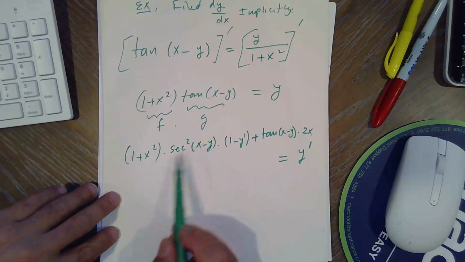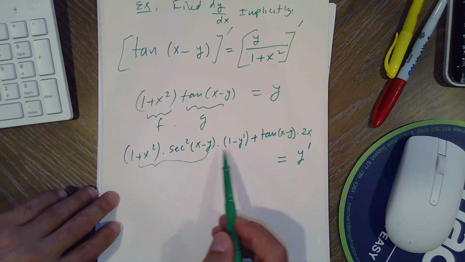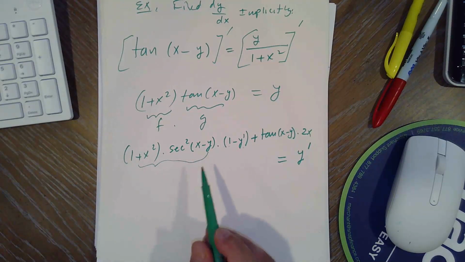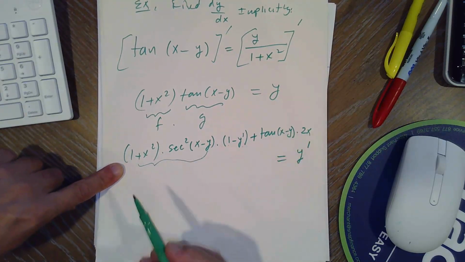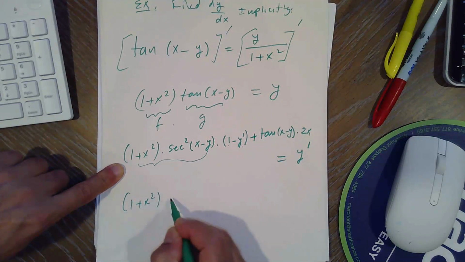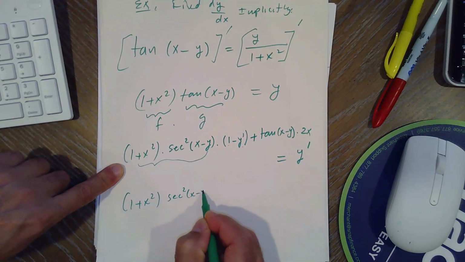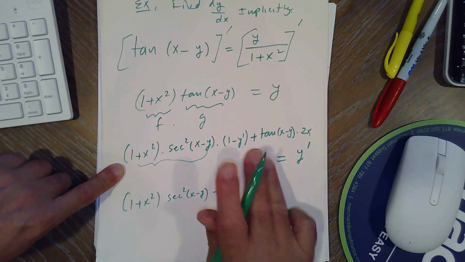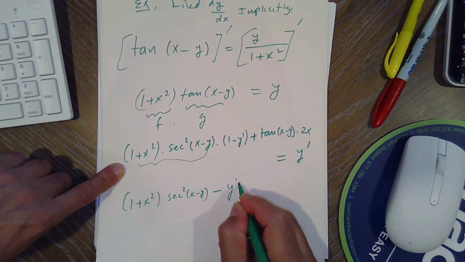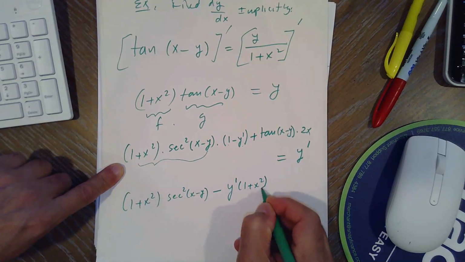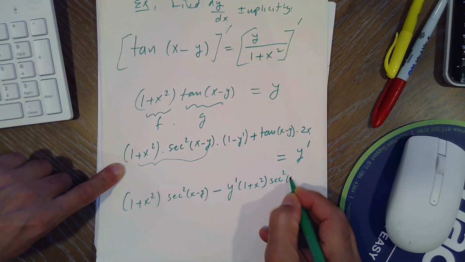So I have all this times 1 minus y prime, so we're going to distribute that. So all this times 1 is 1 plus x squared secant square x minus y, minus y prime times all that, because we want to separate the y prime from everything else.